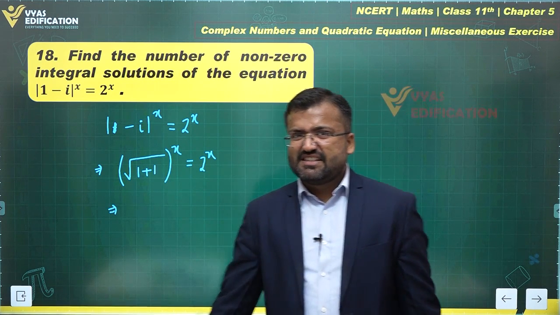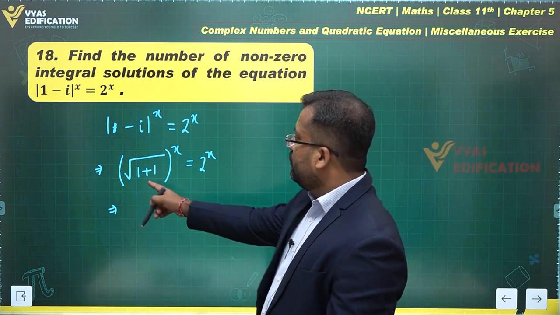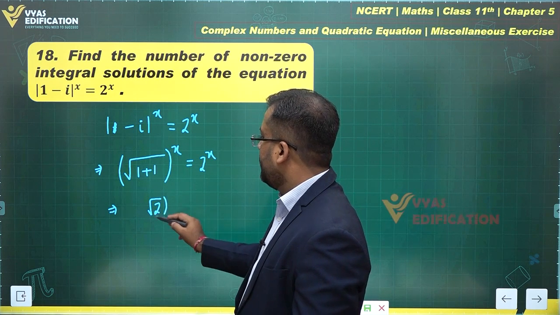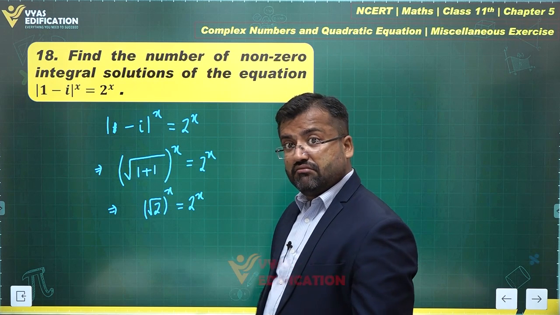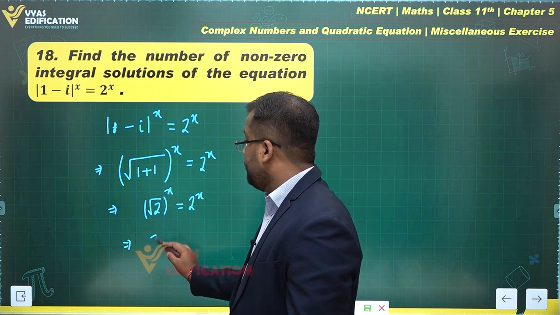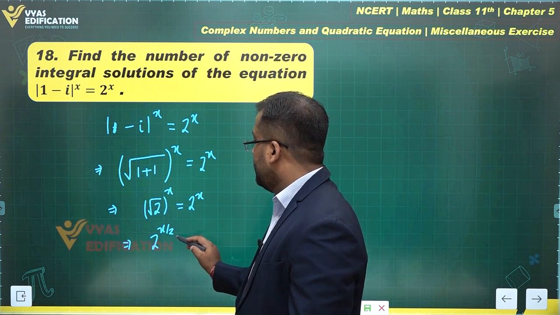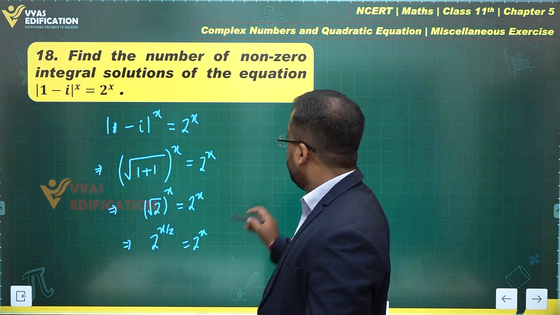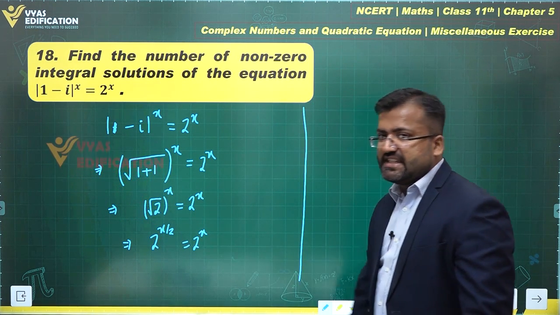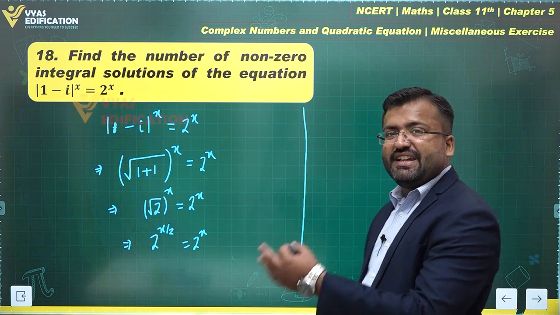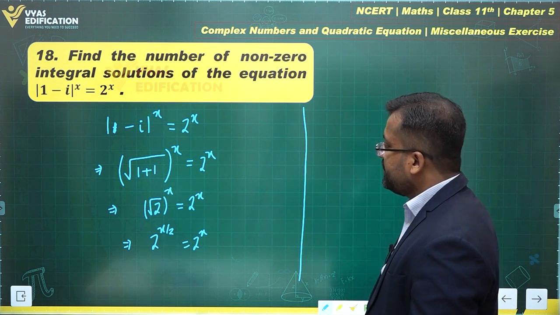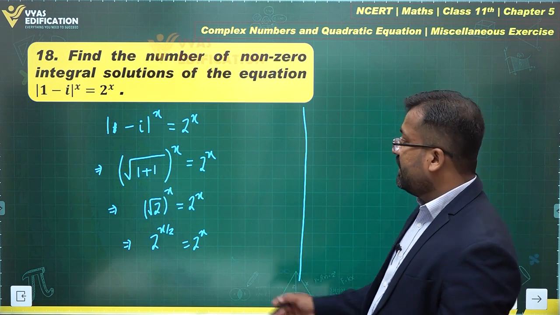Where does that take us? This is root of 2 power x. Pretty interesting. This is 2 power x by 2 is equal to 2 power x. And since 2 power t is an increasing function, right? Exponential is increasing continuously.